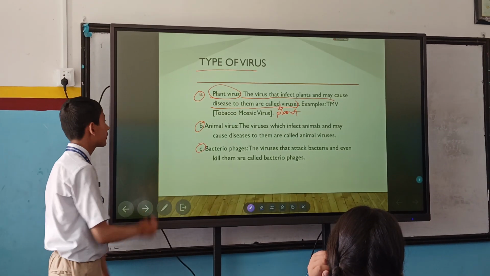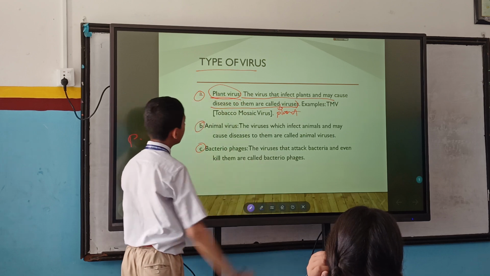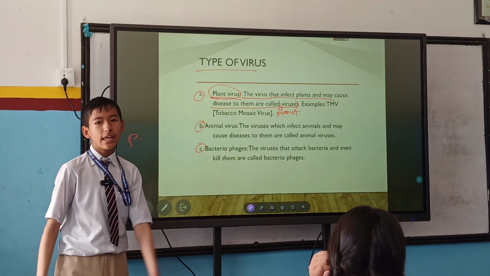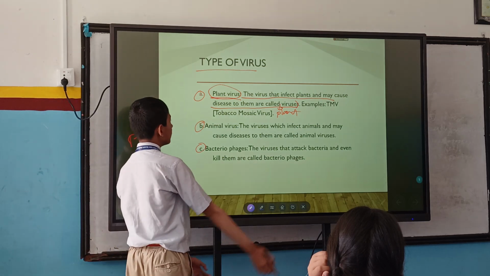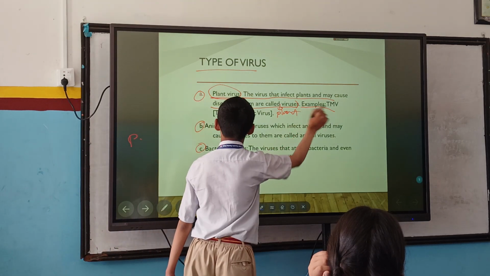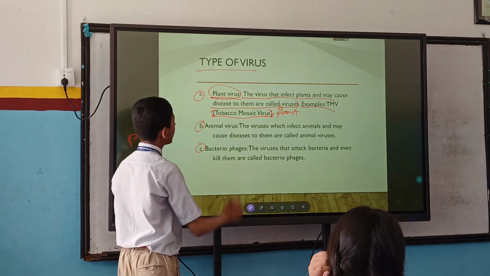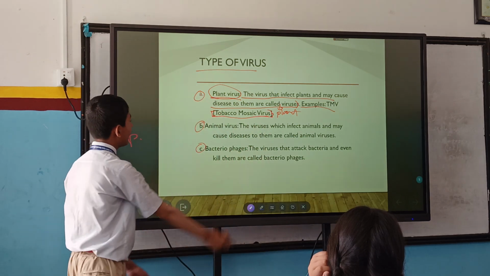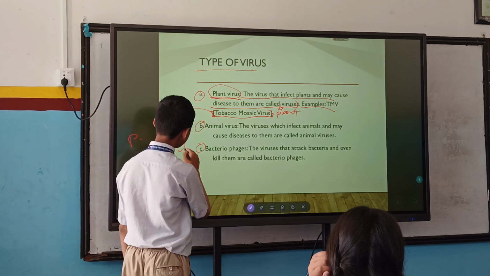By name, we can understand that the type of virus that infects plants and harms them is called a plant virus. An example of plant virus is tobacco mosaic virus, TMV.